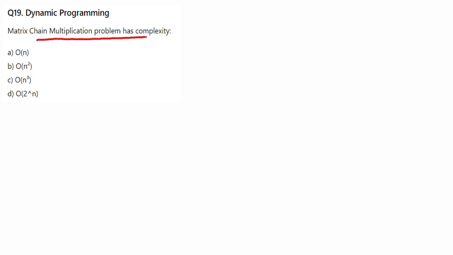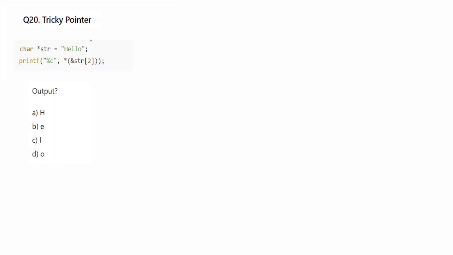Matrix chain multiplication problem has a complexity of? The correct option here is option C, O(n^3), because we use a DP table with i, j pairs. Question number 20, tricky pointer. Now just see here, we have the string "hello" and %c.